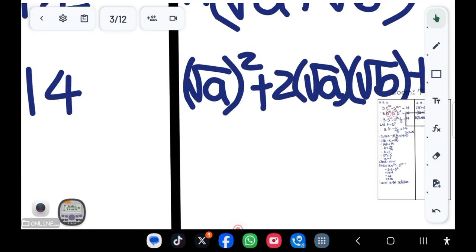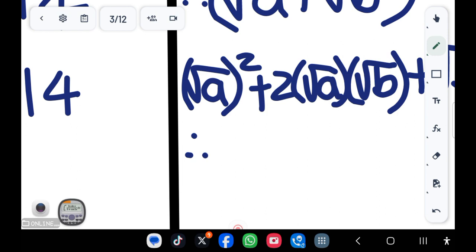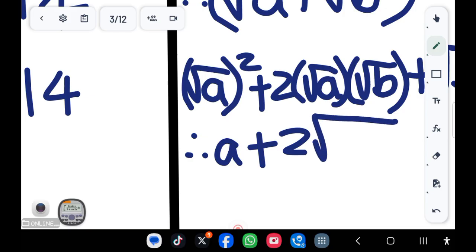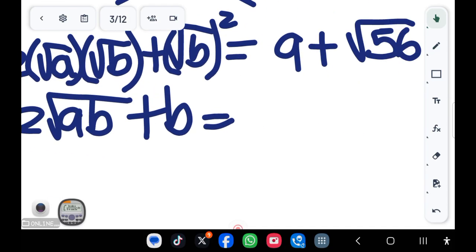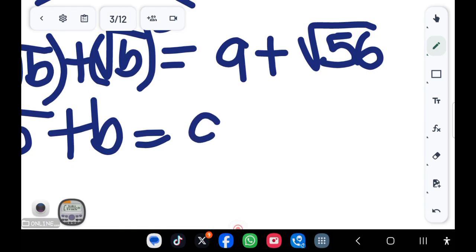Now on the left hand side, we've got a, the square root of a squared is a, plus 2 times the square root of a times b, plus b, equals 9 plus the square root of 56. You can simplify the square root of 56 without a calculator if you had to.